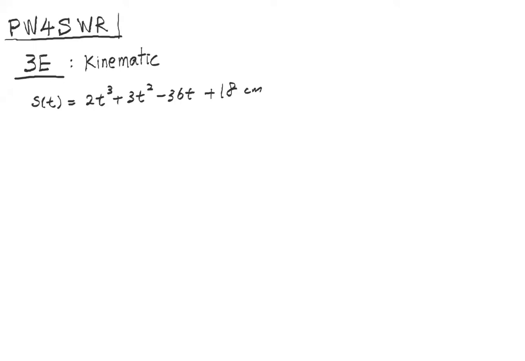This is called displacement. What do you mean by displacement here? We are talking about an object moving on a straight line. So this is the straight line, and this is your s.